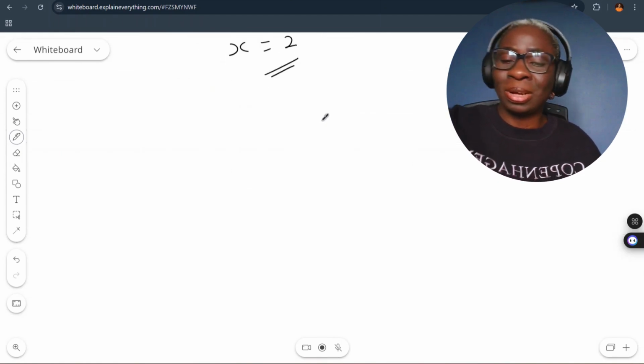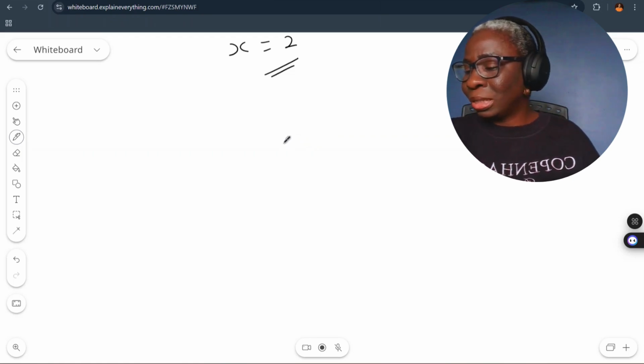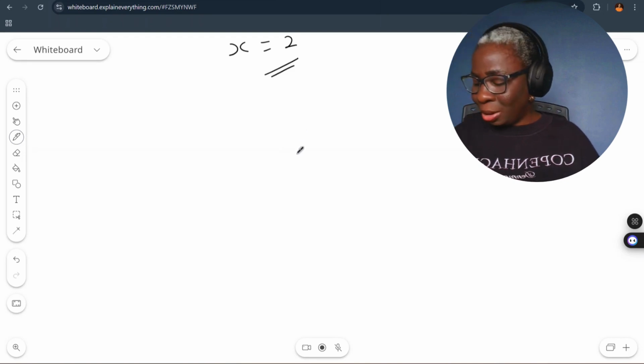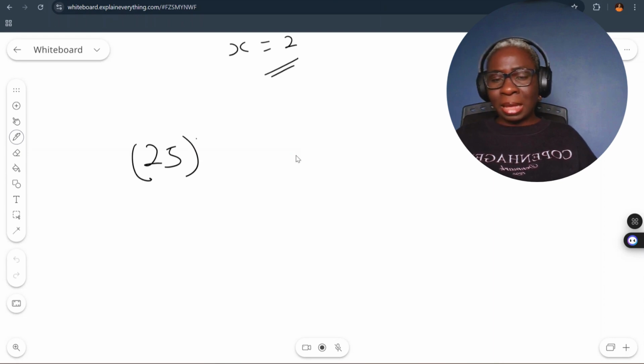Now let's take a look at the third question. We have 5 questions here. So the third question says 25 raised to power x minus 1, then times 5 equals 125.